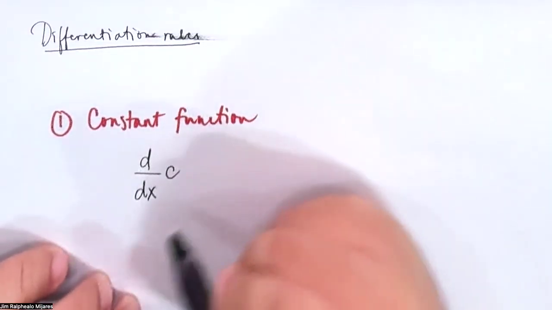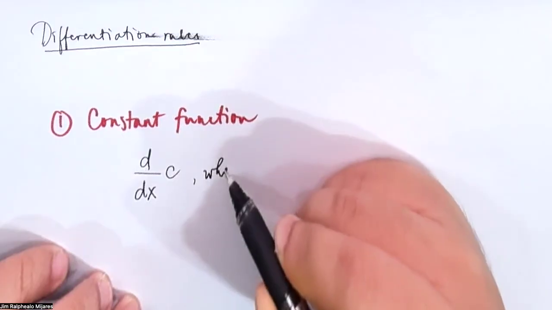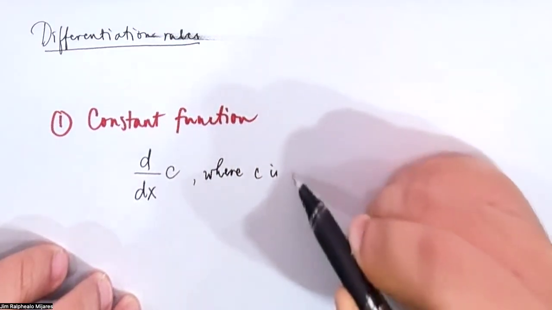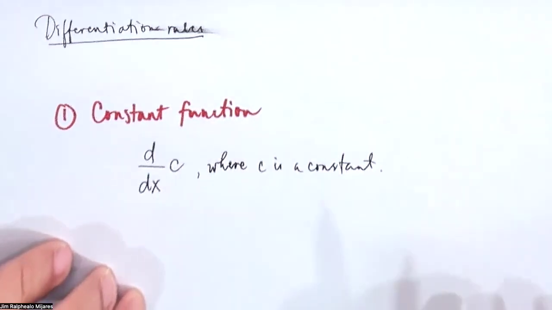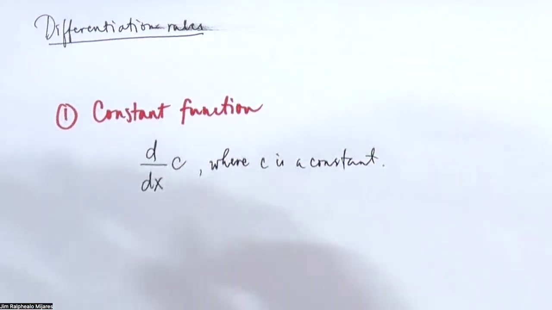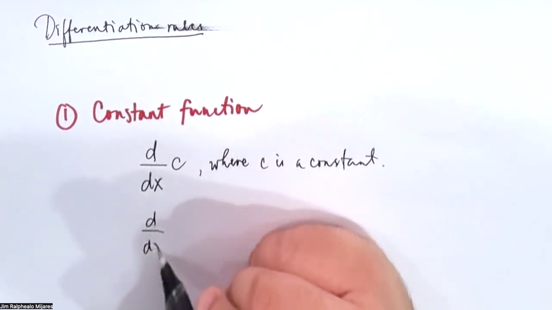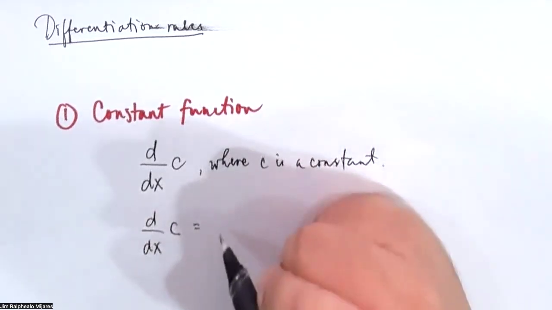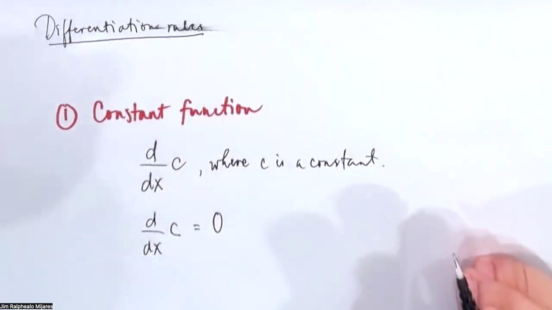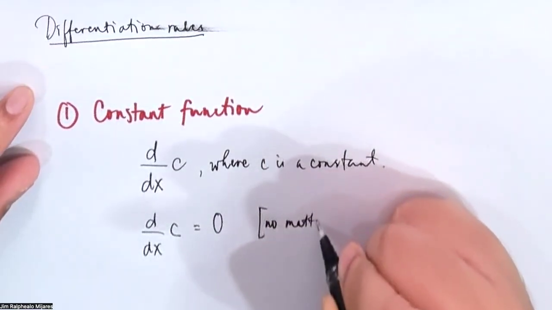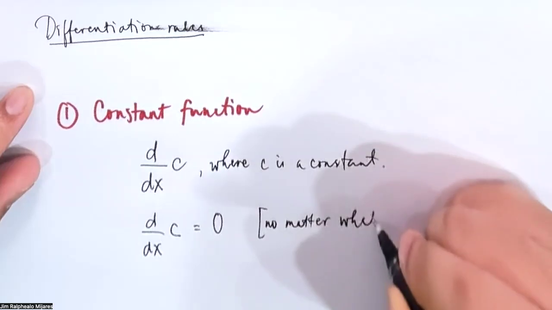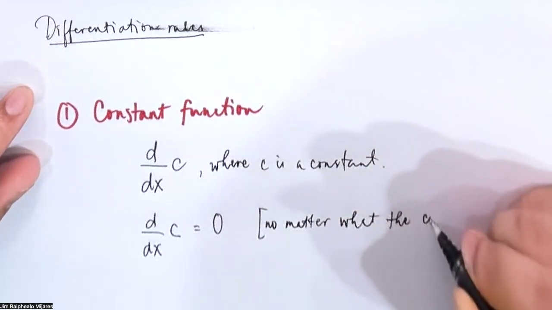Okay. Where c is a constant. In this particular example, it's not a hardship. The derivative of c is always 0. Okay? No matter what the constant is.